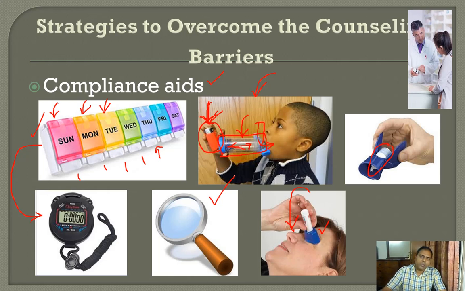So for that, the patient can use the magnifying glass to read those letters. So these are some of the compliance aids that will help overcome the counseling barriers or the medication adherence problems.